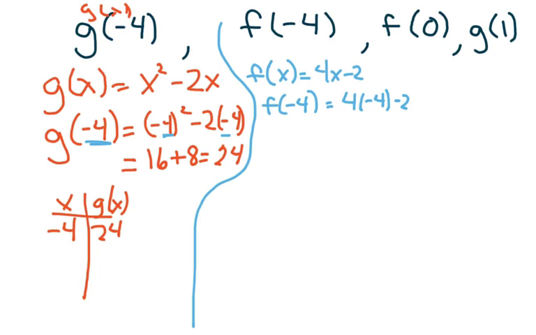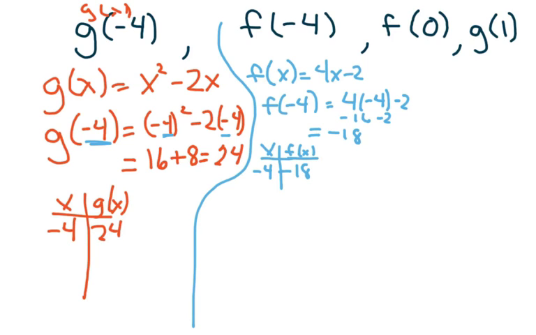And when I get that, that's going to equal negative 16 minus 2, which is negative 18. So when x is negative 4, my f of x is going to be negative 18.